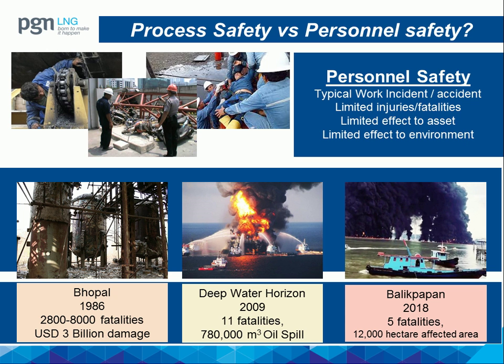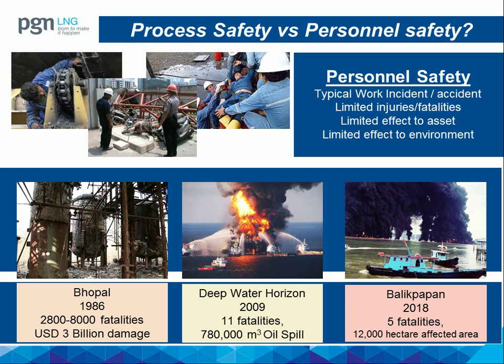What happened was there was a toxic gas leakage called methyl isocyanate. It happened in Union Carbide, India, and it caused approximately, because there was no real death count on that one, between 2,800 and 8,000 fatalities. The cost to assess it was $3 billion damage.